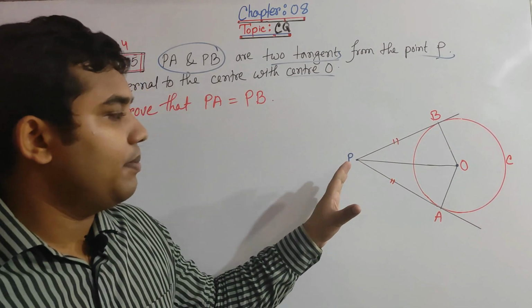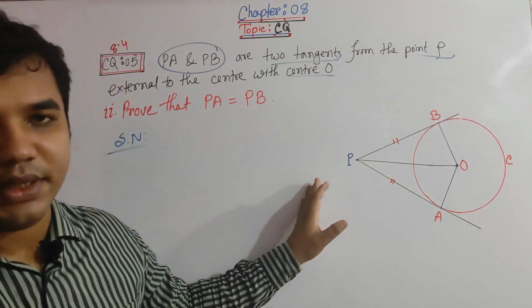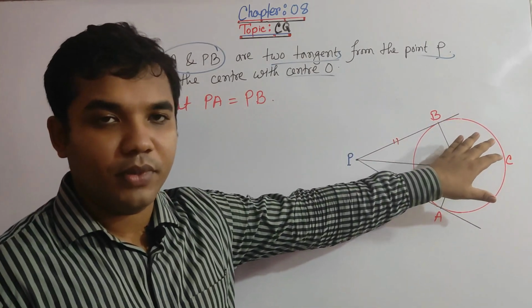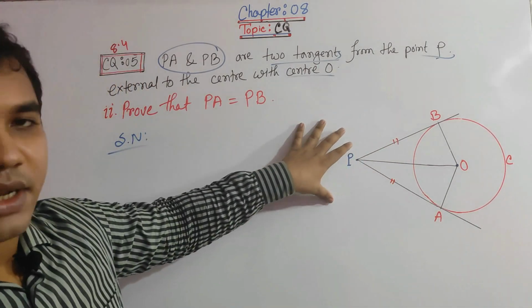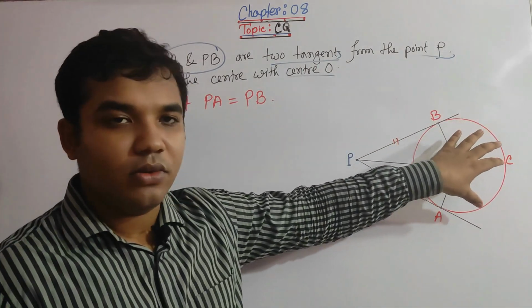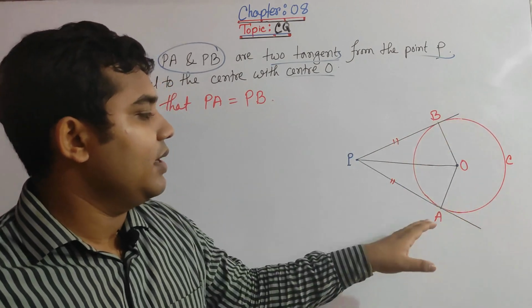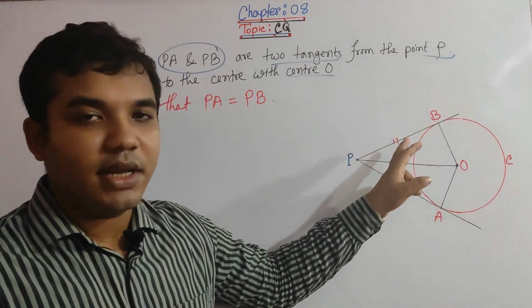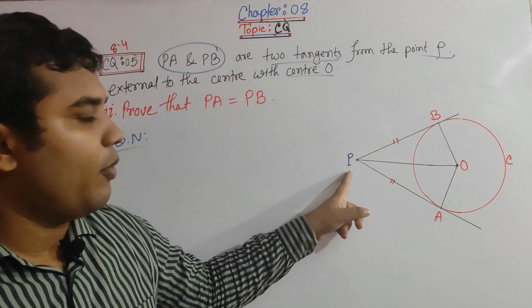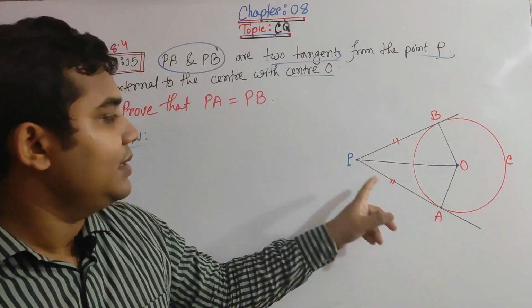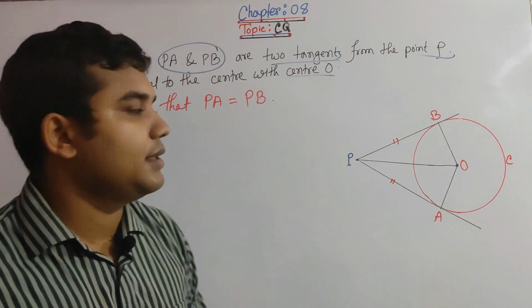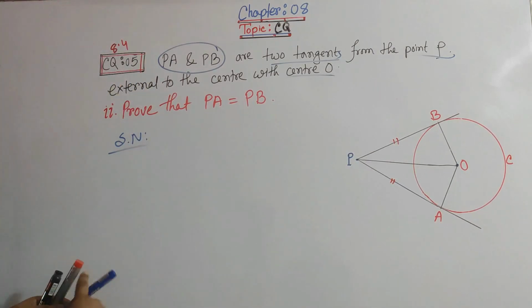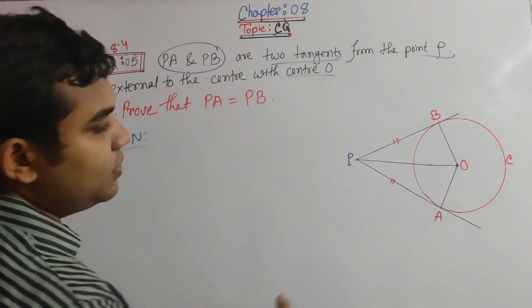Suppose P is a point outside the circle having center O, ABC is the circle having center O, and PA and PB are two tangents. We have to prove that PA equals PB.